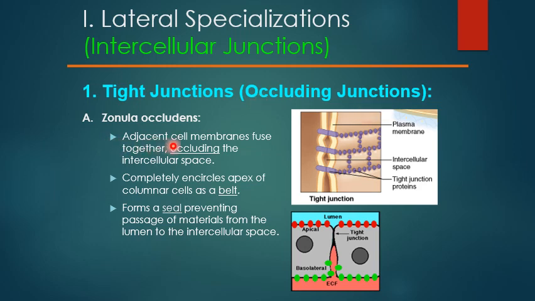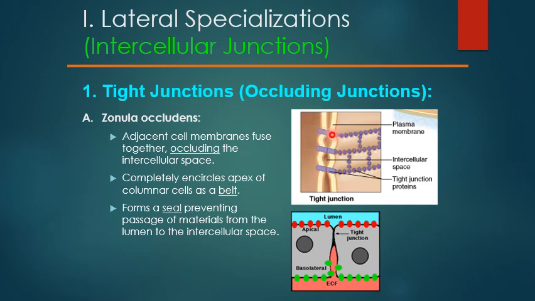We have something called the zonula occludens. Zonula means belt-like. The adjacent cell membranes are fused together. There is no space between the cells; the space is 0. So this is one cell and this is another cell.